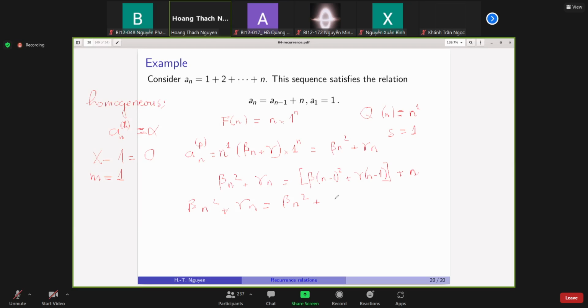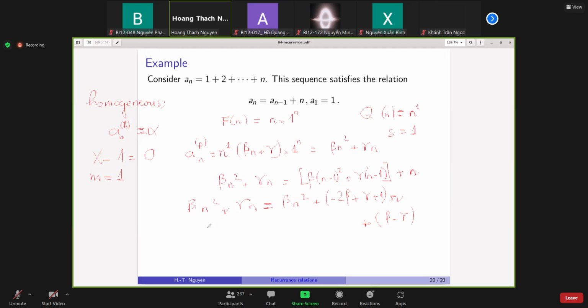So we have minus 2 beta plus gamma plus 1 times n, and the free coefficient is plus beta minus gamma.